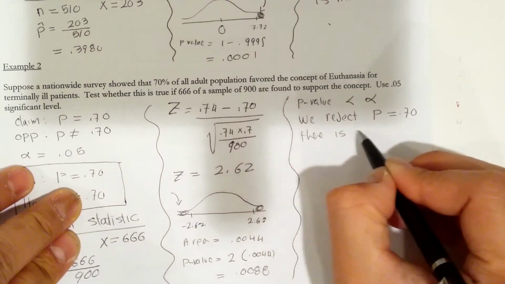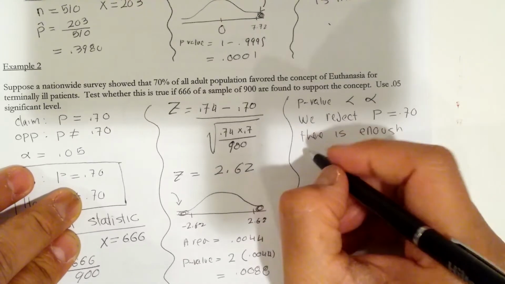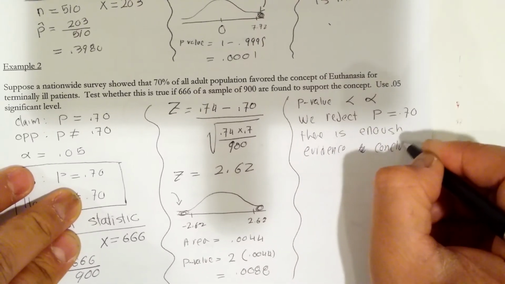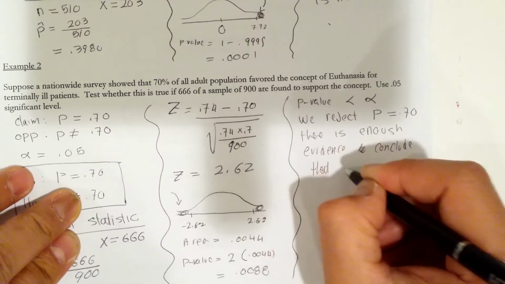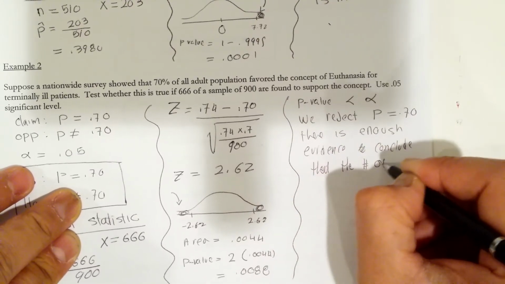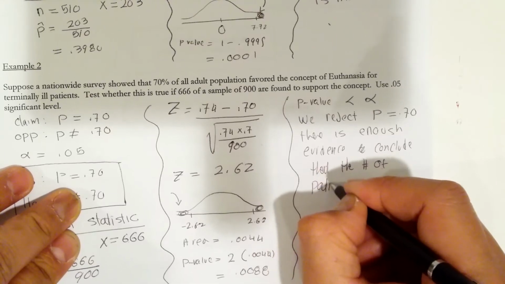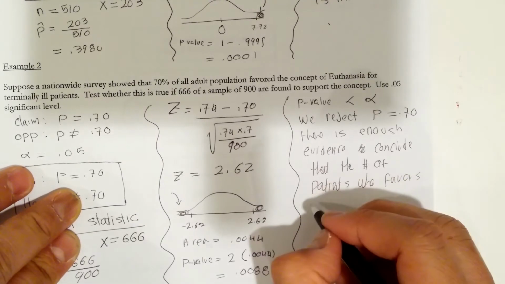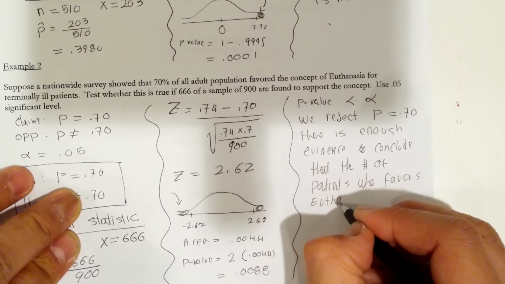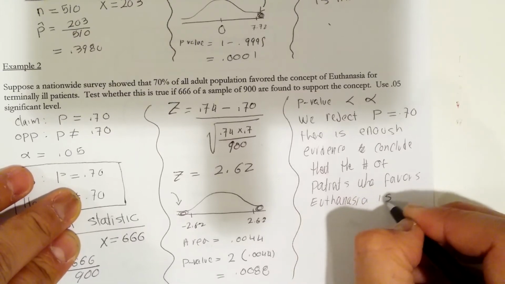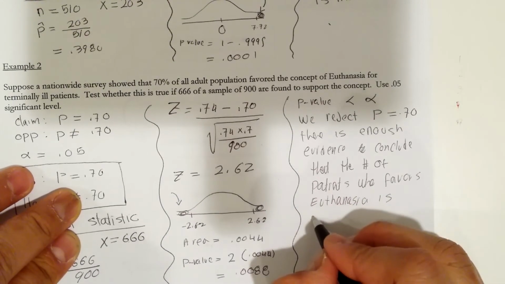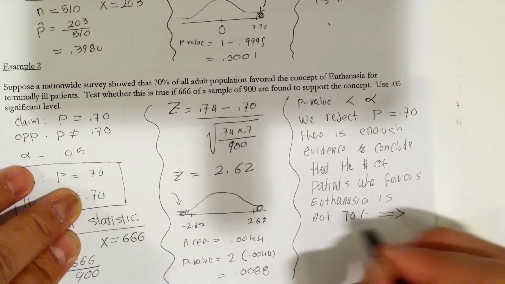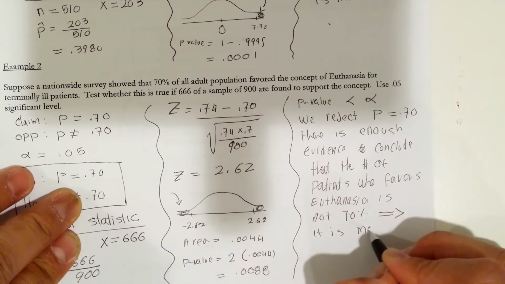There is enough evidence to conclude that the number of patients who favor euthanasia is not 70%, implying it is more than 70%.